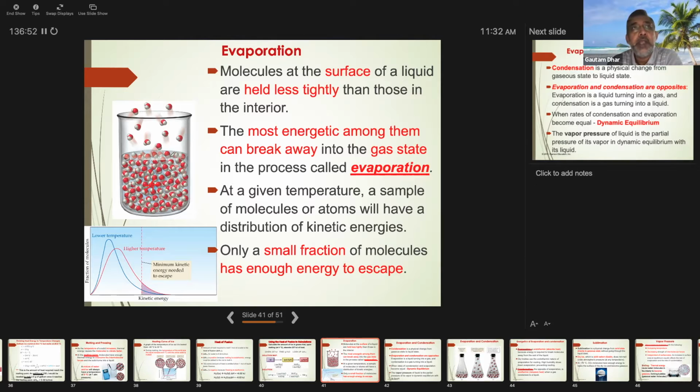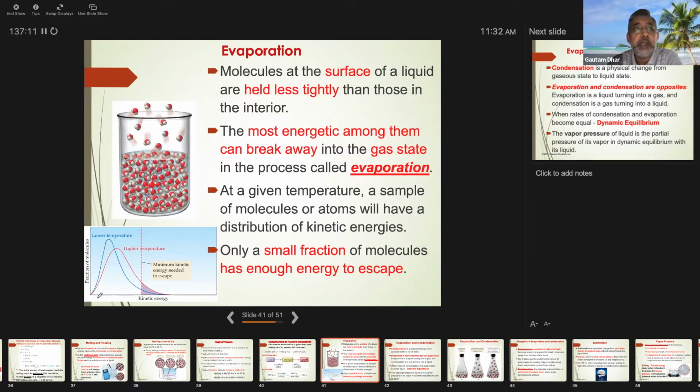And because of that, the water molecules are held less tightly at the surface. Now, everything is in motion, as I said, because there's a temperature. Unless it is absolute zero, everything has energy.